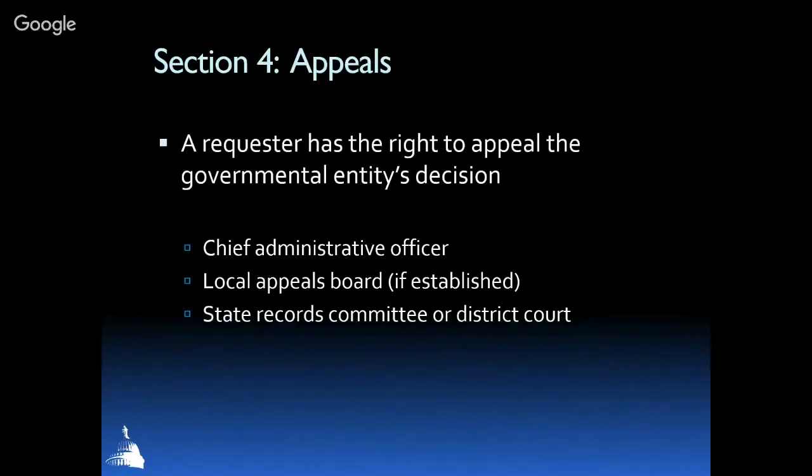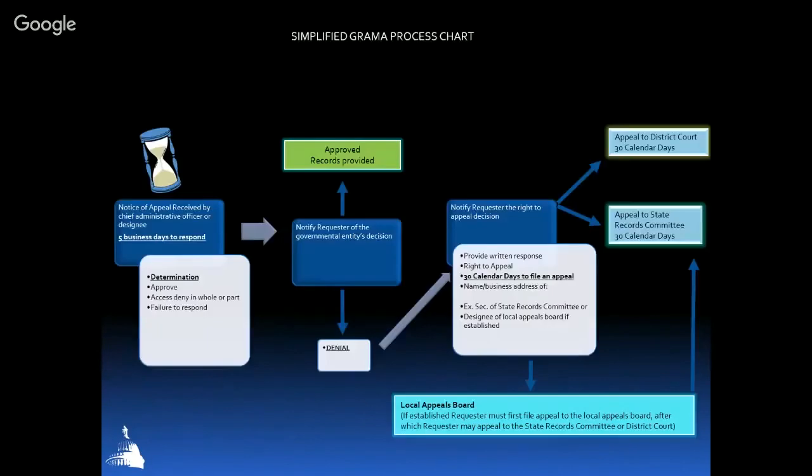Once the Chief Administrative Officer responded, the next level is the local appeals board if there is one established. If not, the Chief Administrative Officer's decision may be appealed to the State Records Committee or a district court, and that is the requester's choice.